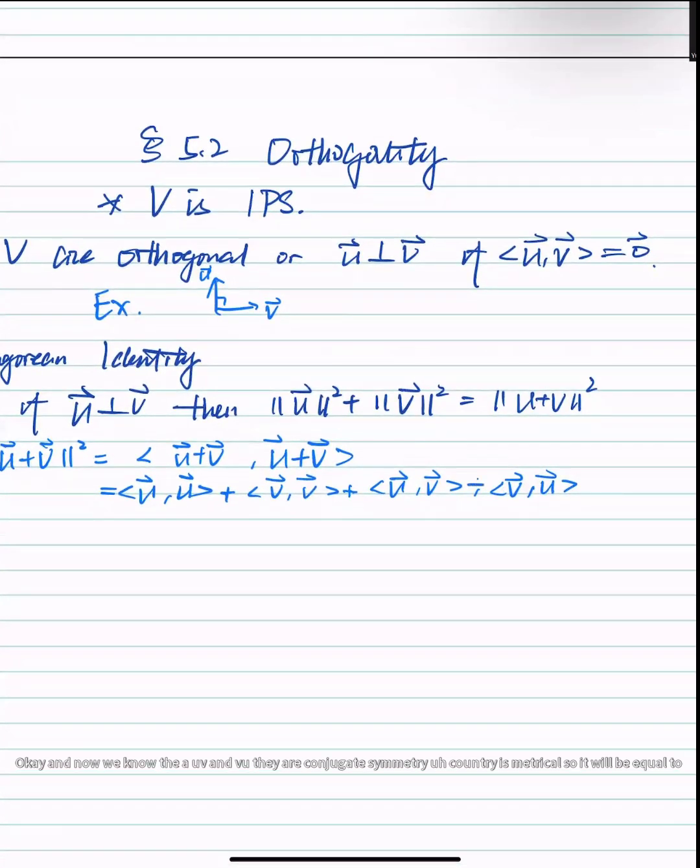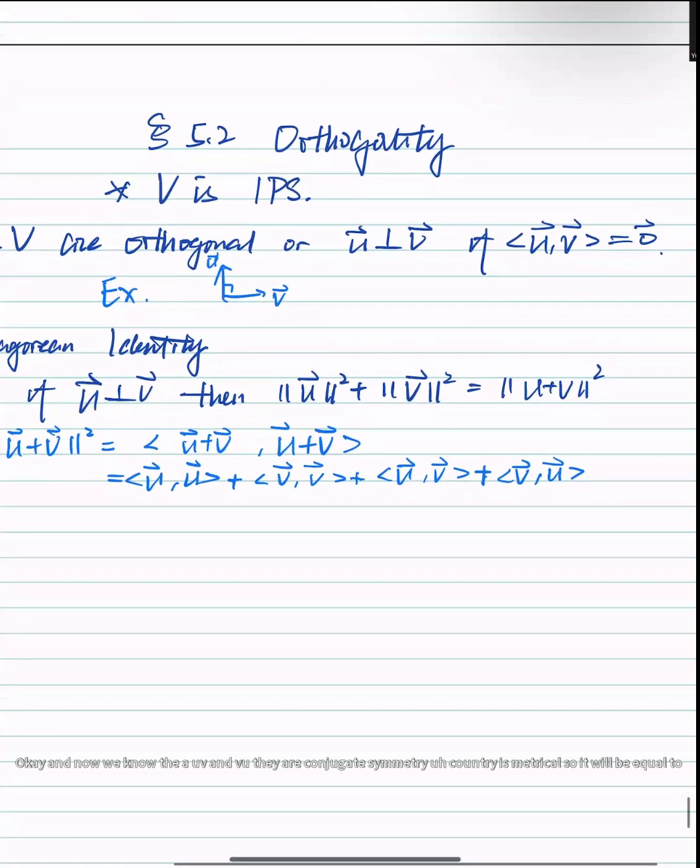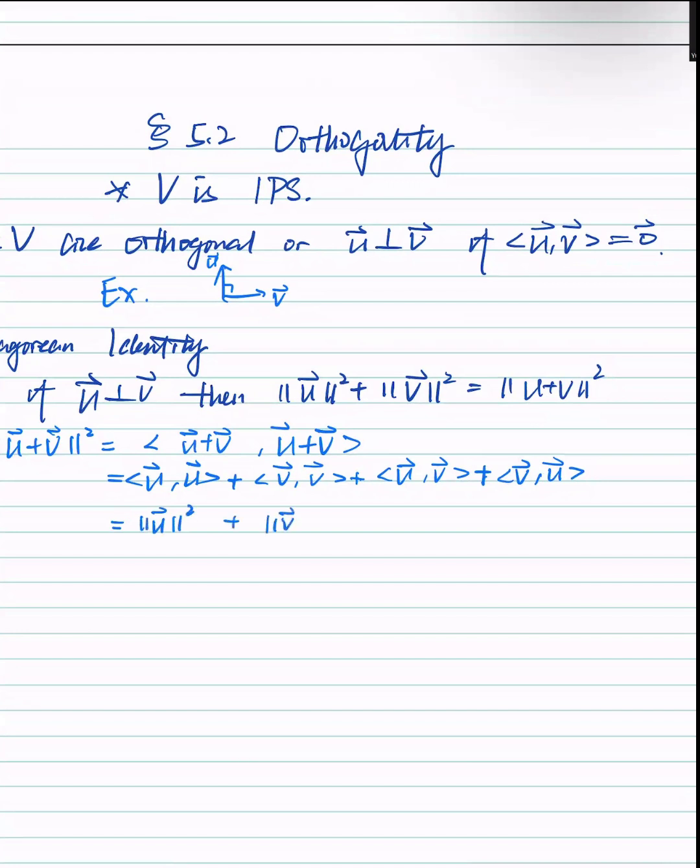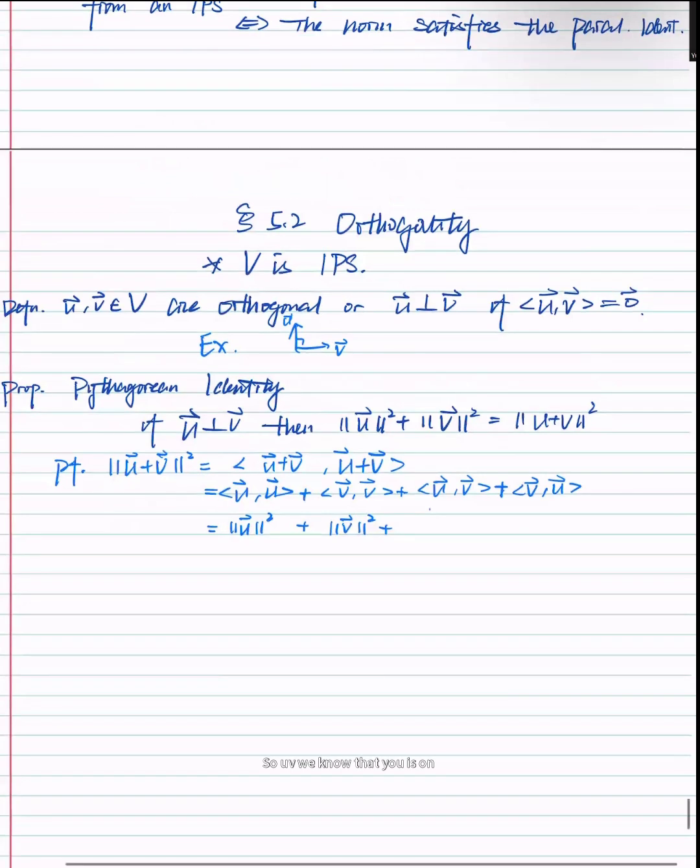Now we know that these are conjugate symmetric. We know that u is orthogonal to v, and by definition that means the inner product is zero.